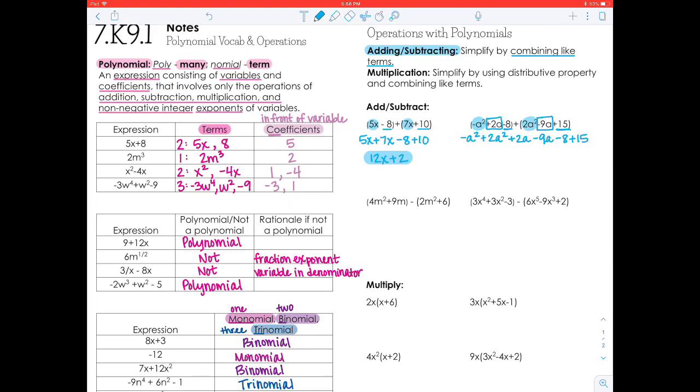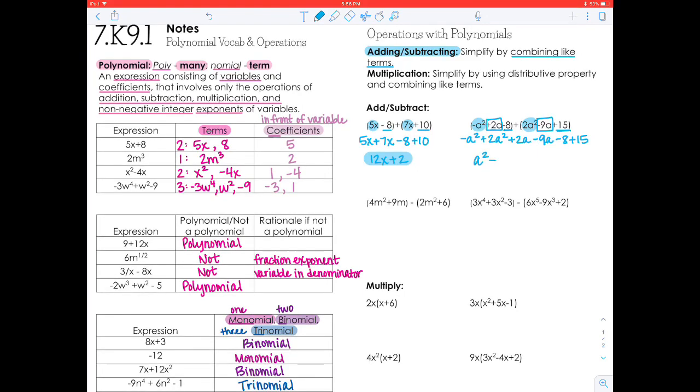Okay, and so then you just combine the alike ones. We've got negative a squared plus 2a squared. That is going to give me a positive 1a squared. Then I've got 2a minus 9a. That's going to be negative 7a. And then negative 8 plus 15 is going to give me positive 7.